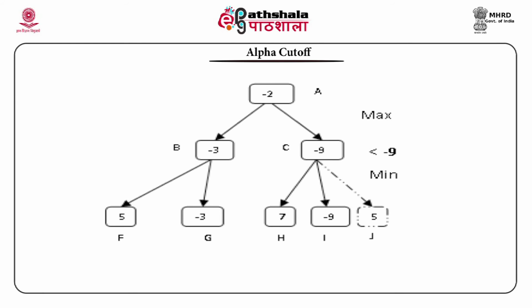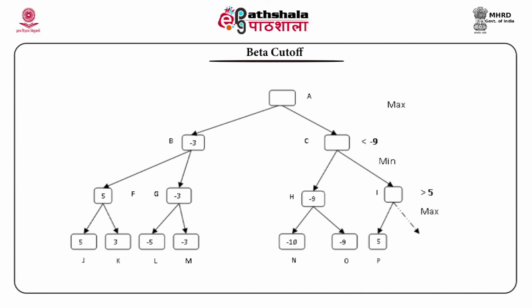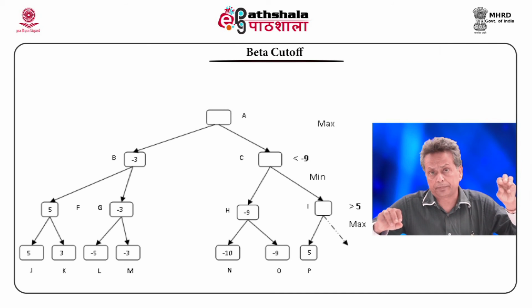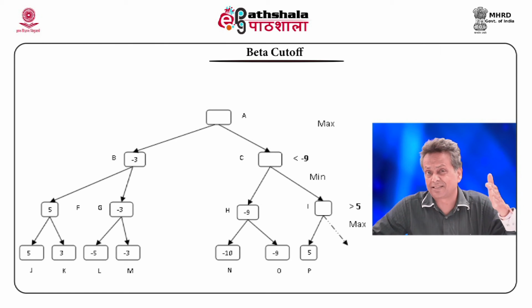Now you can see something quite similar in the next slide. I am exploring one more child of I after I explored P. Now I have already got 5, which is very good. Now why should I not be exploring the next one? Please understand, the opponent has two options. H is already given at -9. So given an option, the opponent will obviously play it. If the opponent plays H, he is guaranteed to get -9.